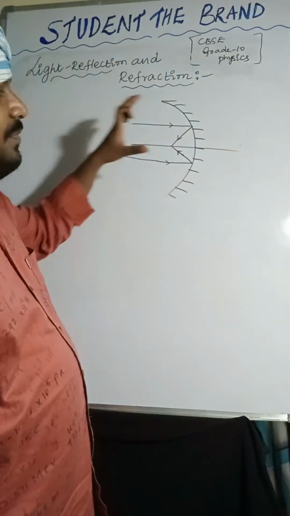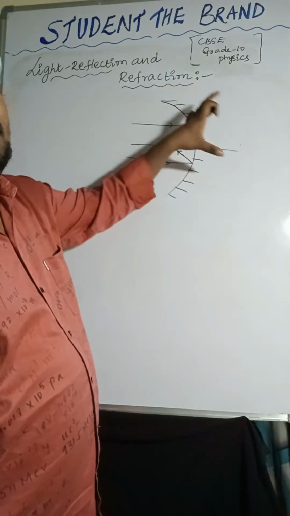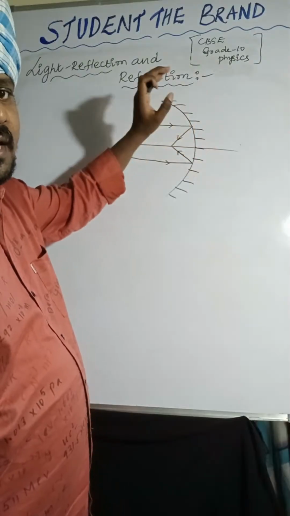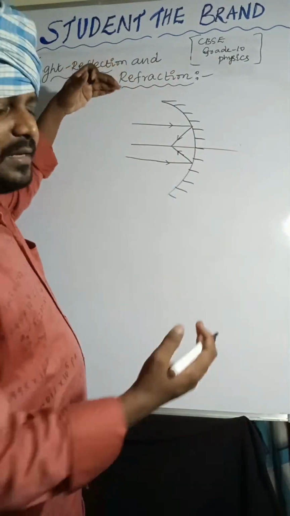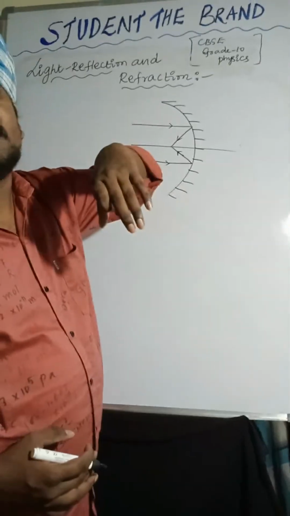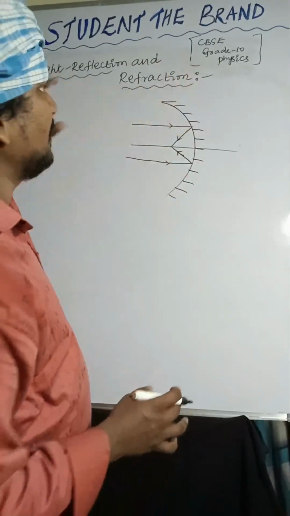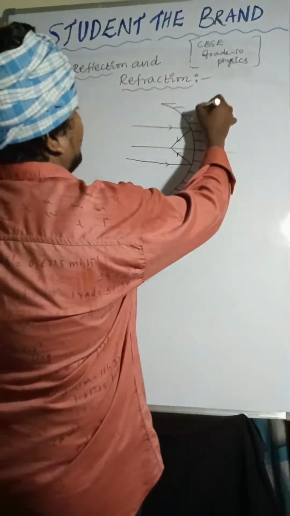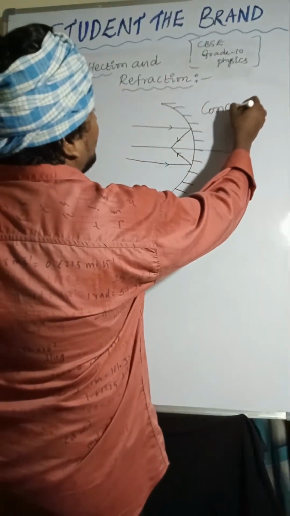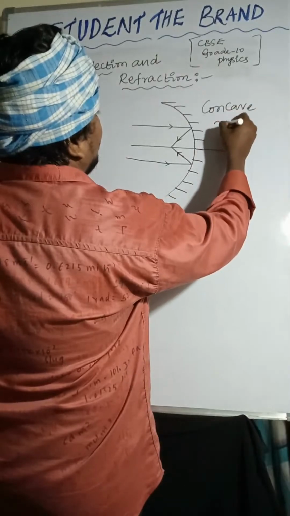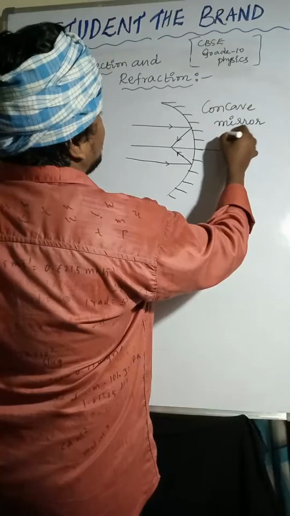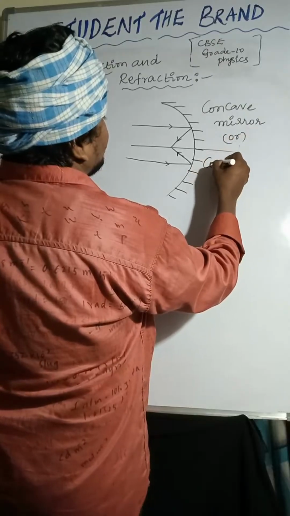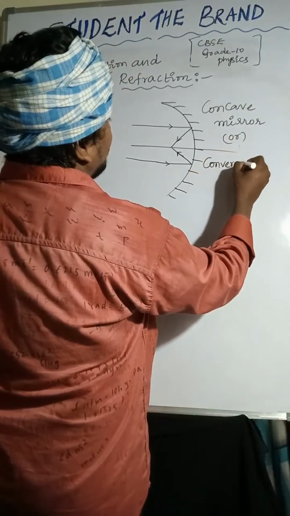Whenever light rays are incident on it, after reflection those light rays are meeting at one point, or moving towards the principal axis. That's why this mirror is also called a converging mirror.